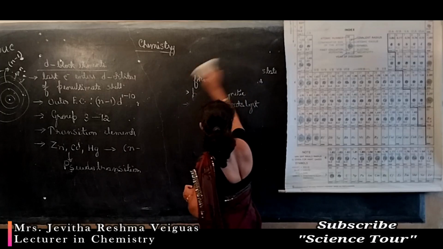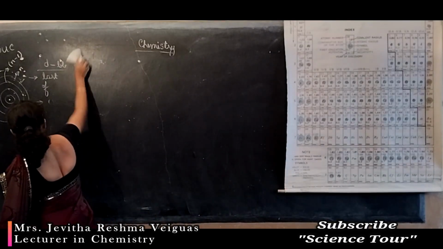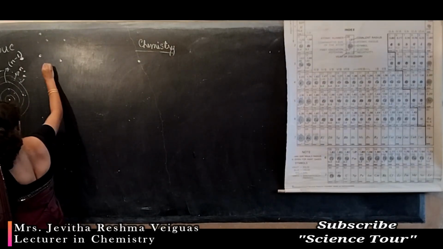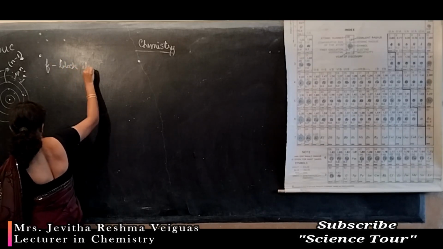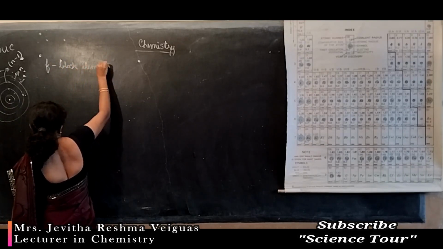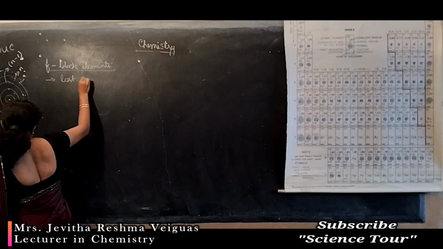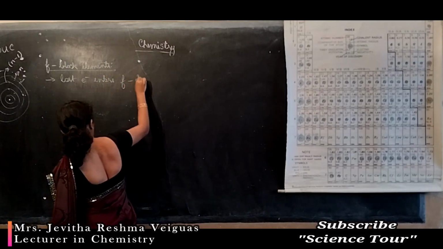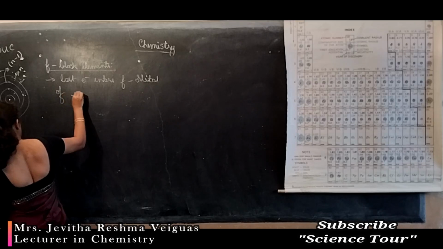So next is related to F block elements. In the case of F block elements, the last electron enters the F orbital of the antipenultimate shell.